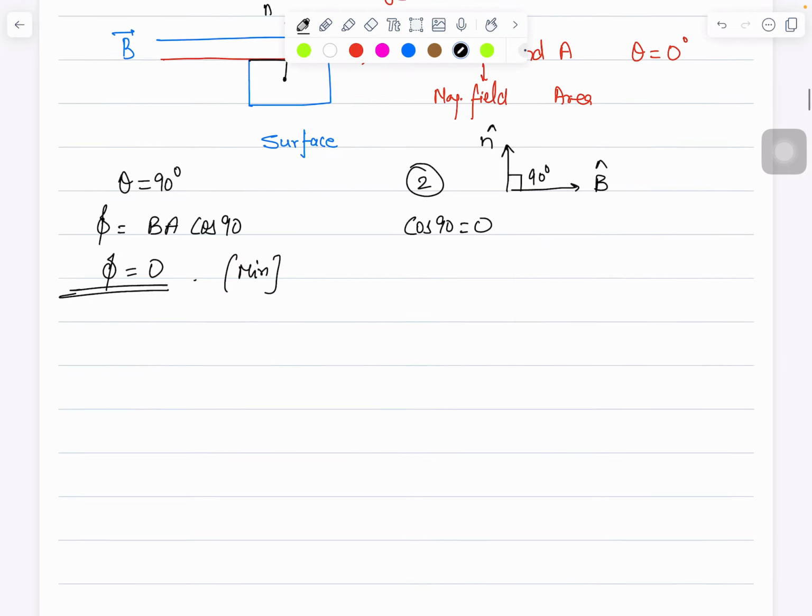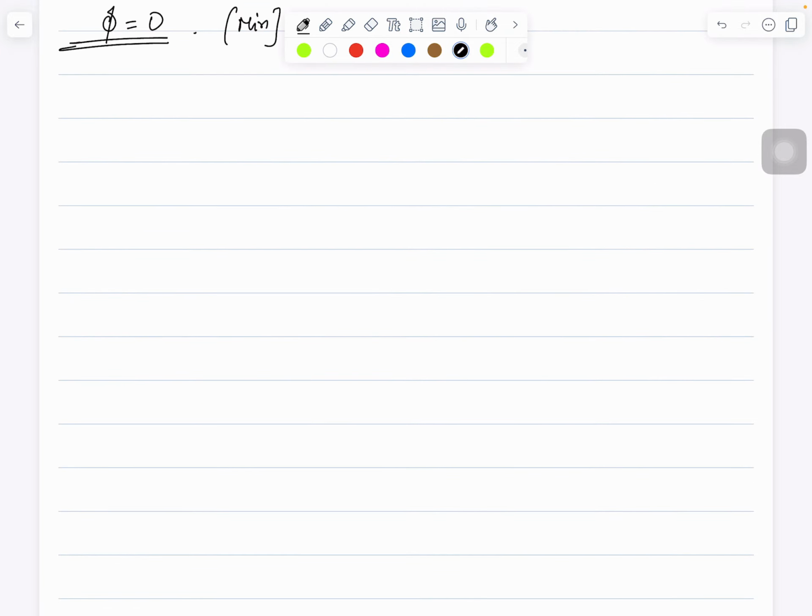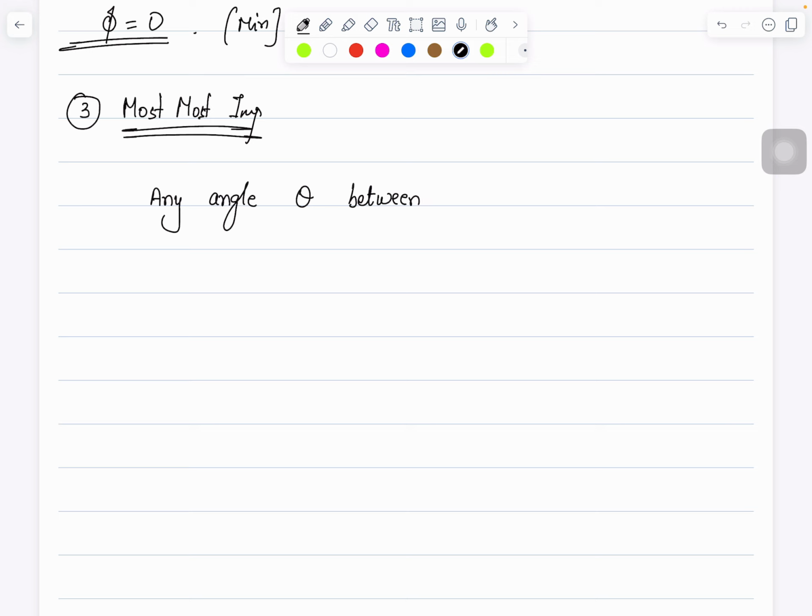Sure. Okay, now this is case number 3. What you need to understand is most important, which will test your brain. Let's say there is any angle theta between the magnetic field and the surface area.